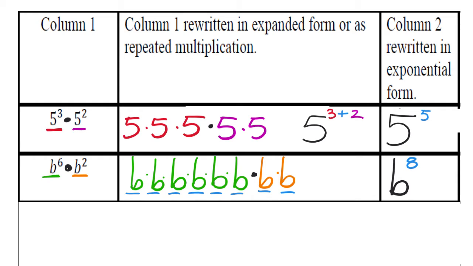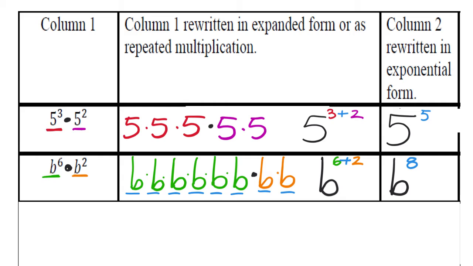But again, if we were to use this property, because that's part of our objective here, knowing when to add the exponents, since the base b is just being multiplied in the original, b to the power of 6 times b to the power of 2, we could have taken those 2 exponents of 6 and 2 and just added them together. And 6 plus 2 we see is the 8 right there.